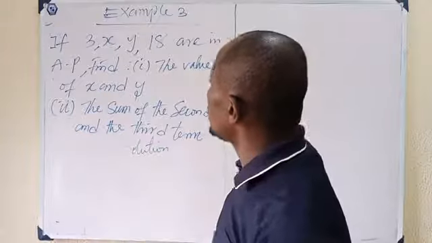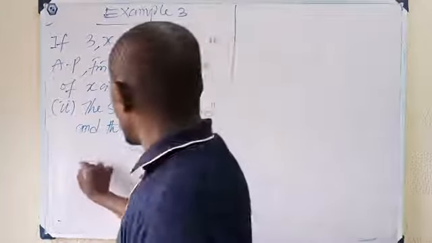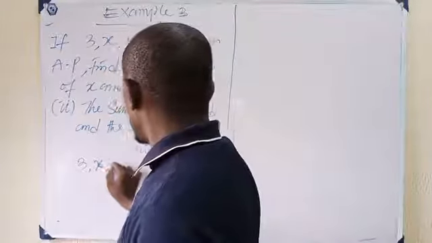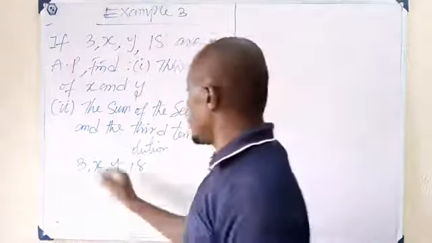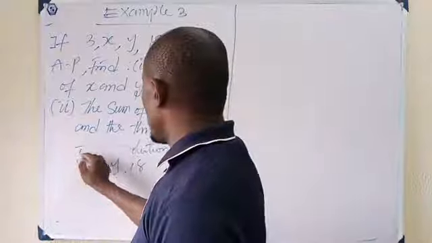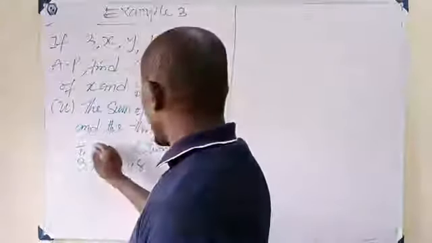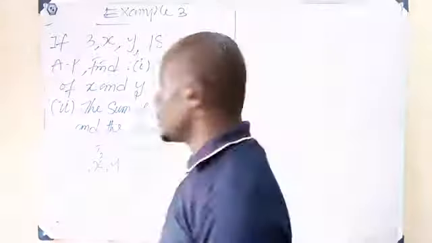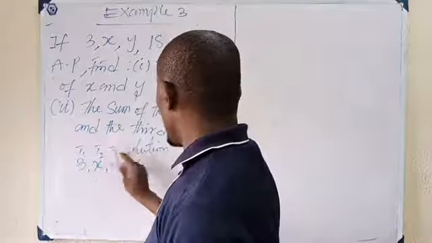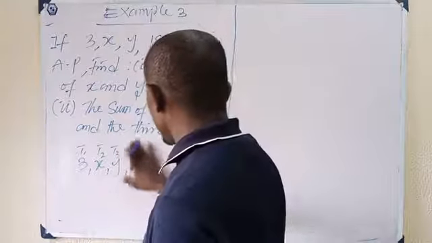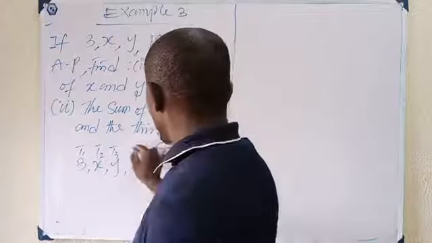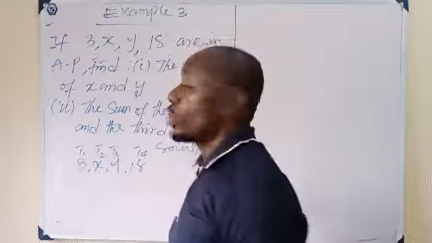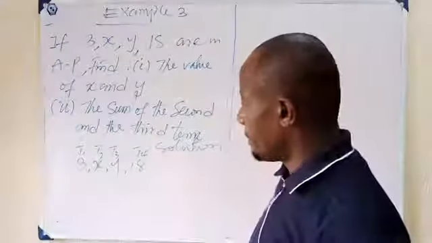Let's look at the sequence again. We have 3, x, y, and 18. Right? So all you need to do is define them. The first one is your first term, the second one is your second term, the third one is your third term, and the fourth one is your fourth term.